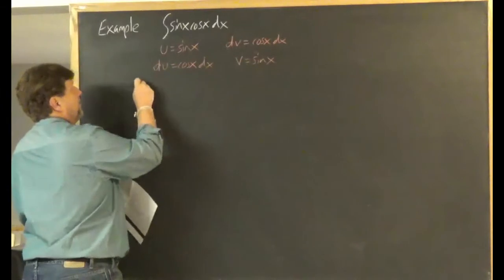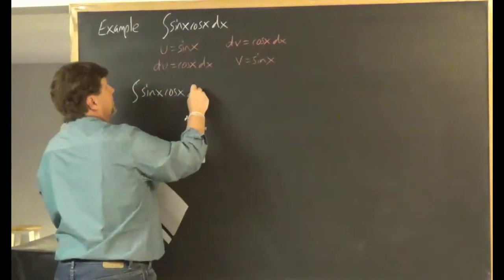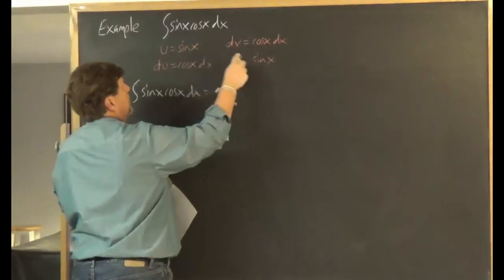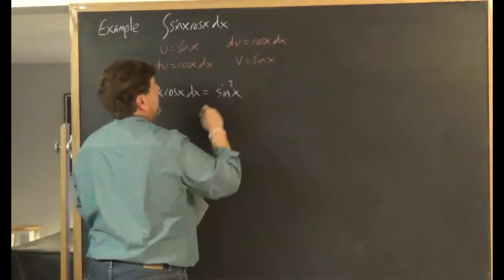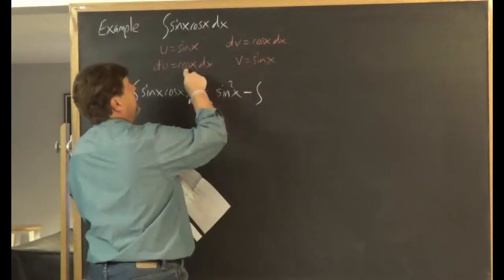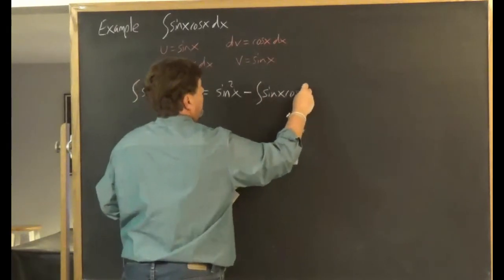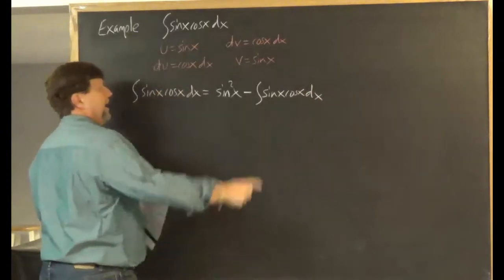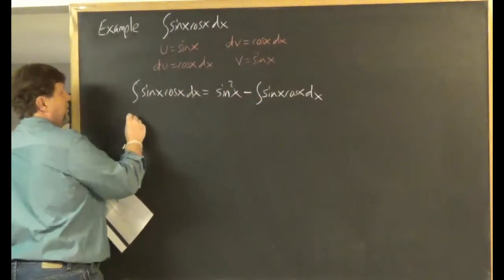So I crank it through integration by parts. So we get u times v, well, sine times sine, that's sine squared, minus the integral of v du. And it's like, well, hey, that's the same integral I started with. So I add that to both sides of the equation.